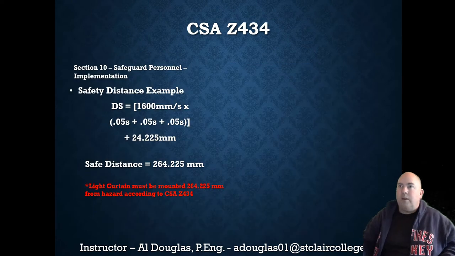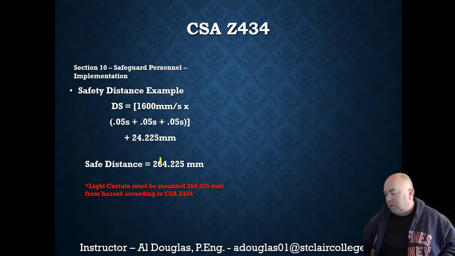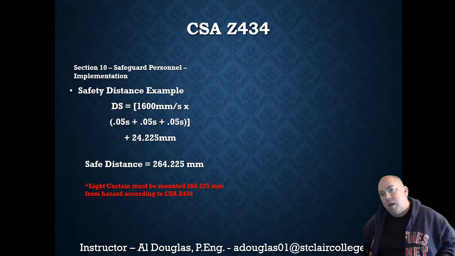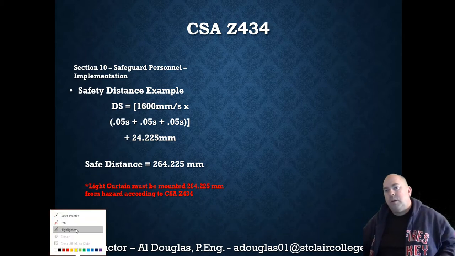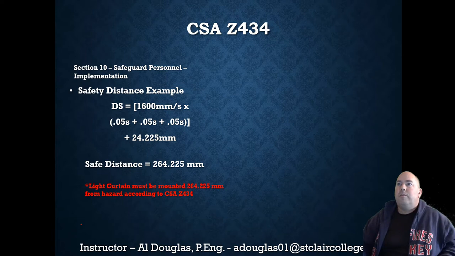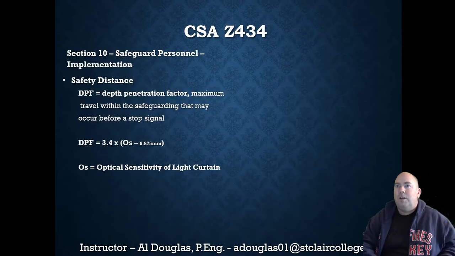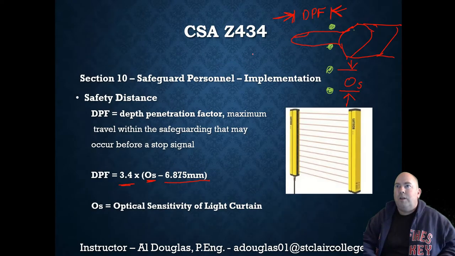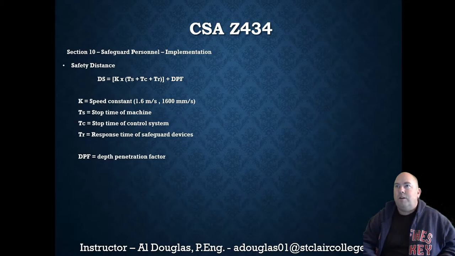Let's look at a calculation here as an example. Let's say I have a stop time of 0.5 seconds, a controller TC of this, and a TR of this. So TS, TC, and TR.